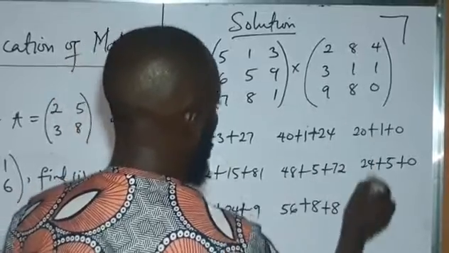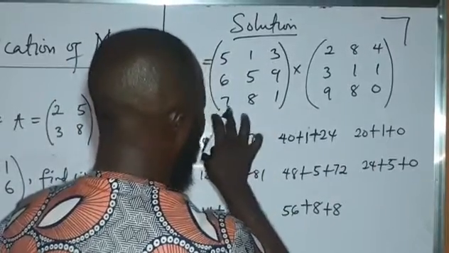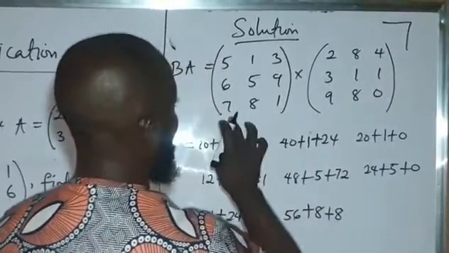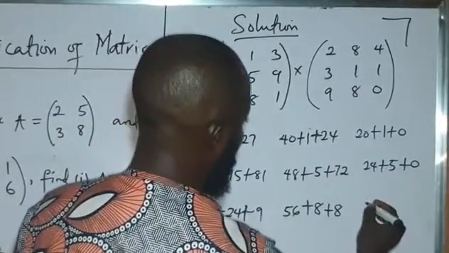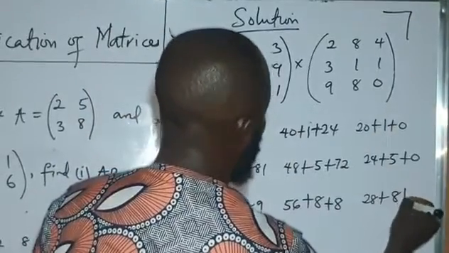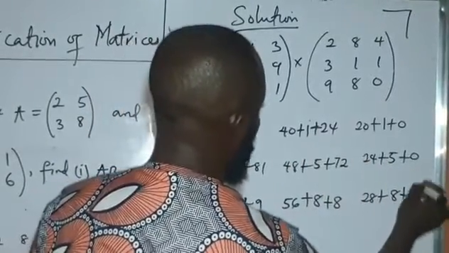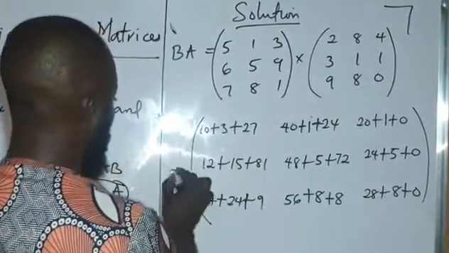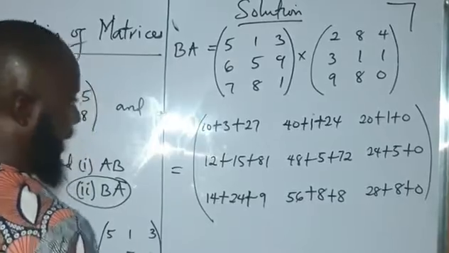Then 7 times 4, that's the last part now. This row multiplied by the column. So 7 times 4, 28, plus 8 times 1, 8, plus 1 times 0, 0. So we are done here. We just add them together to get our final answer.